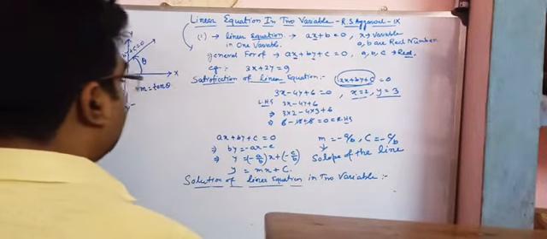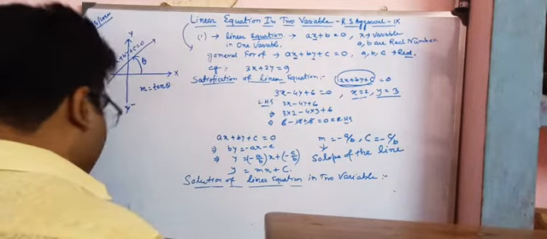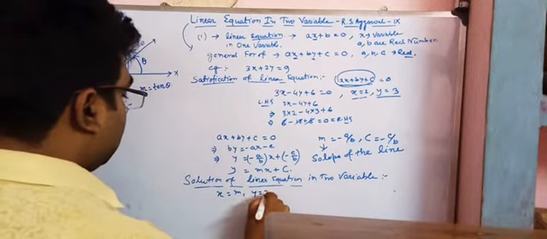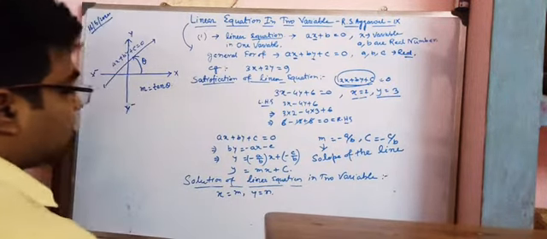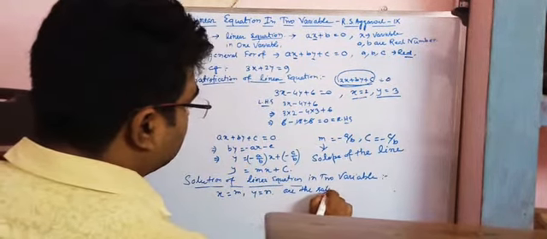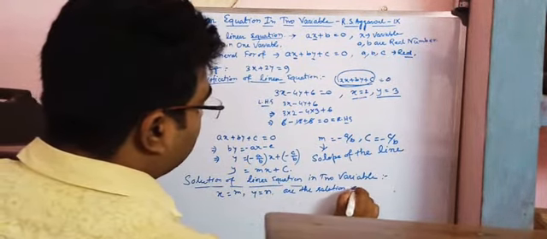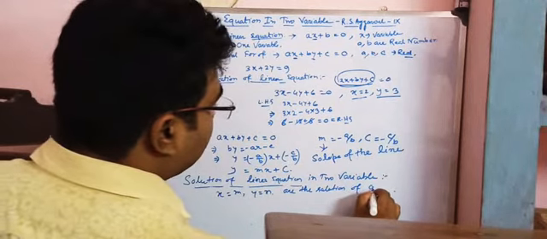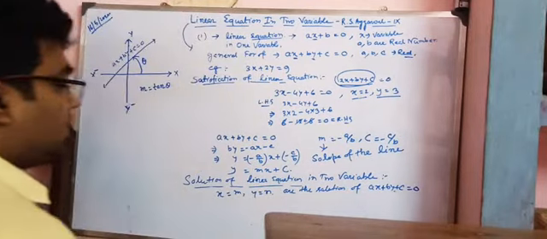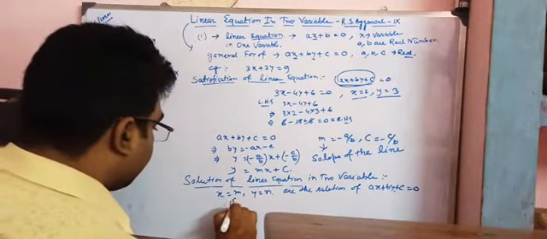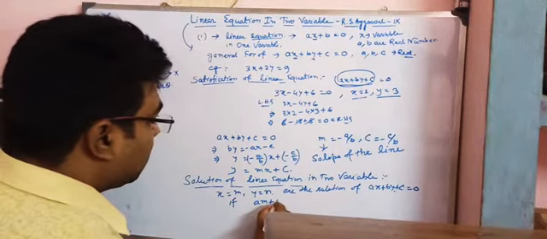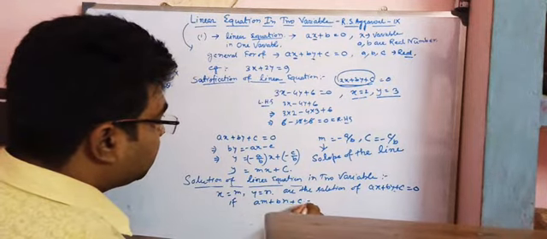Similarly, in the definition we can write that x equal to m and y equal to n are the solution of the linear equation ax plus by plus c equals to 0 if am plus bn plus c equals to 0.